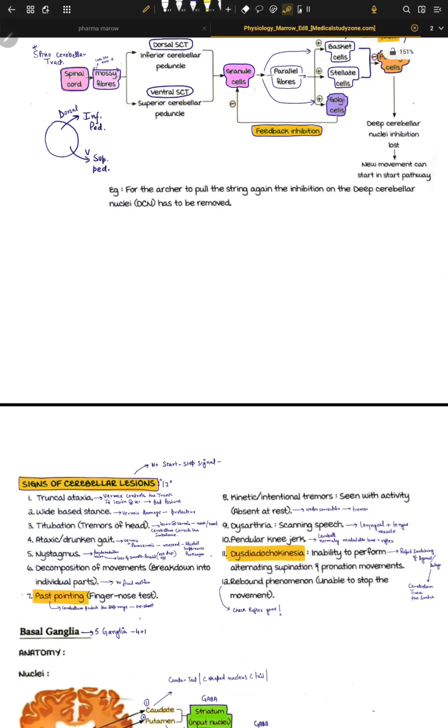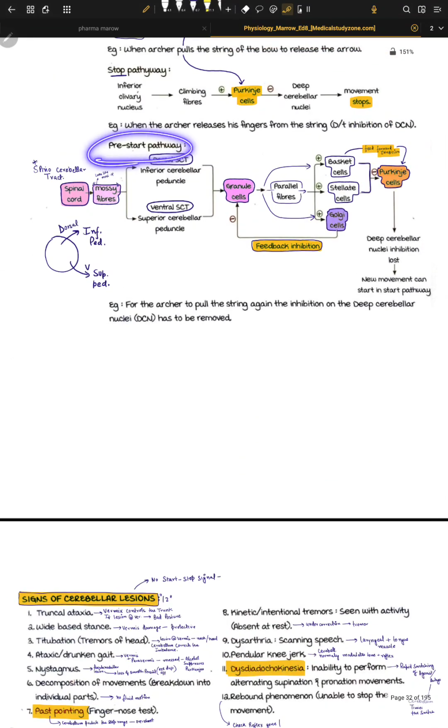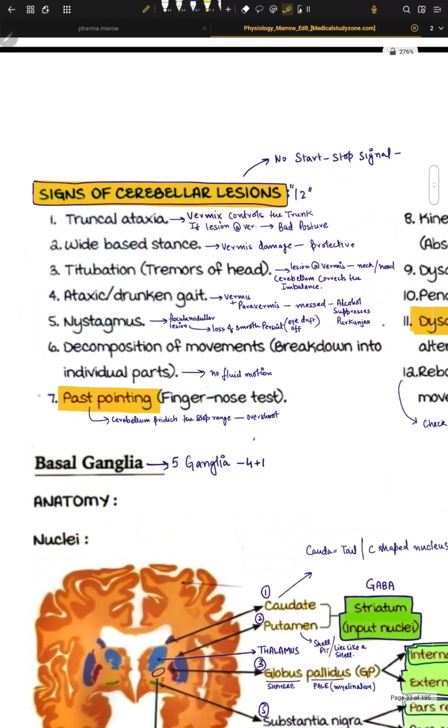Just imagine your pre-start pathway is messed up. If pre-start pathway is messed up, of course your decomposition of movement will be there. What about past pointing? Well, finger nose test. You have to start touching your nose from your hand distance to your nose, and you won't be able to calculate this distance because your cerebellum is messed up.